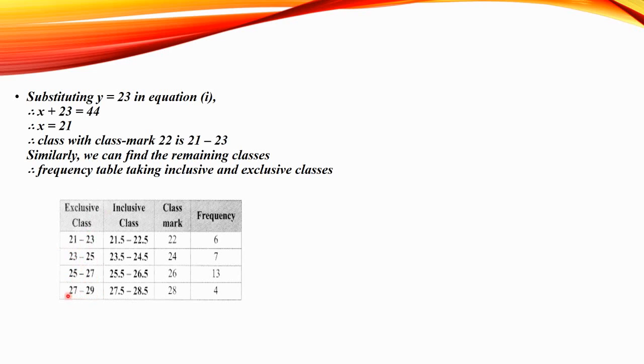For the inclusive classes, that means the disjoint classes, we add 0.5 to the lower limit to get 21.5, and subtract 0.5 from the upper limit to get 22.5. So the first class will be 21.5 to 22.5. Similarly, the second class will be 23.5 to 24.5, then 25.5 to 26.5, and 27.5 to 28.5.